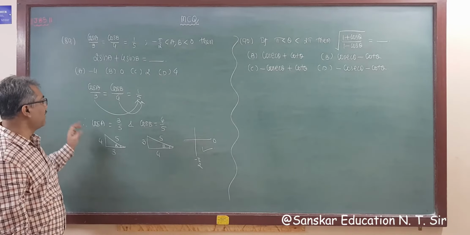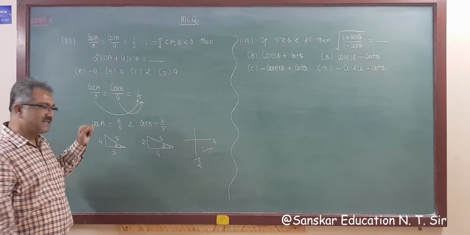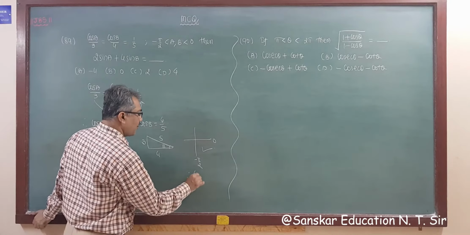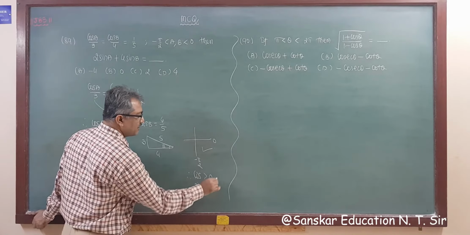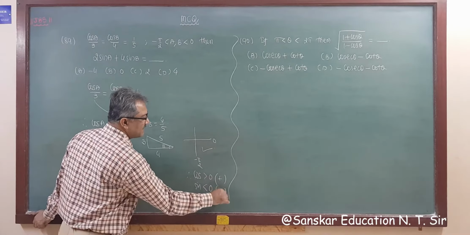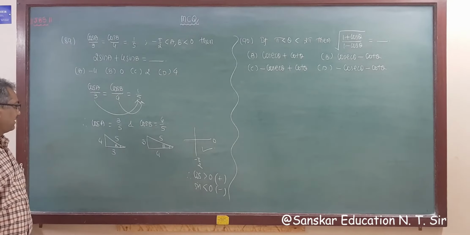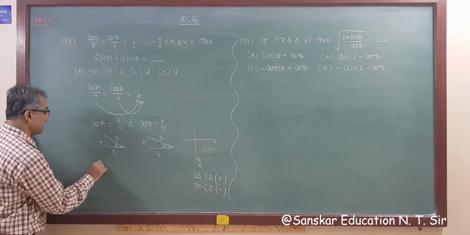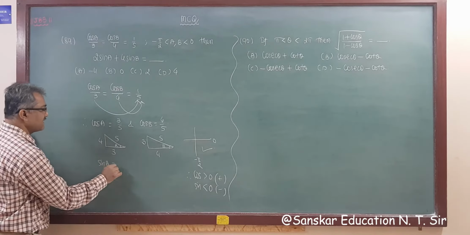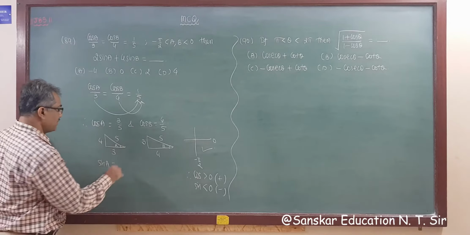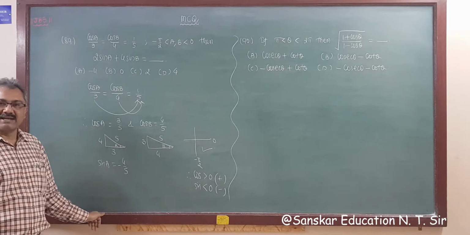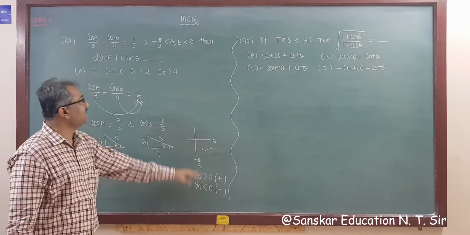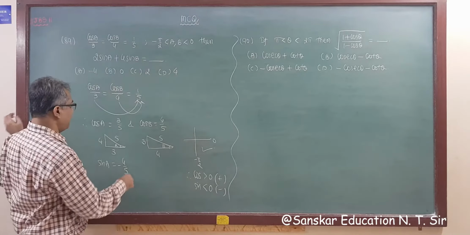In the 4th quadrant, cos is positive, sin is negative. So therefore cos is greater than 0 and sin is less than 0. That is, this is positive and this we have to take negative. So from this, sin A is 4 by 5, but in the 4th quadrant sin is negative, so sin A is minus 4 by 5 by this condition.